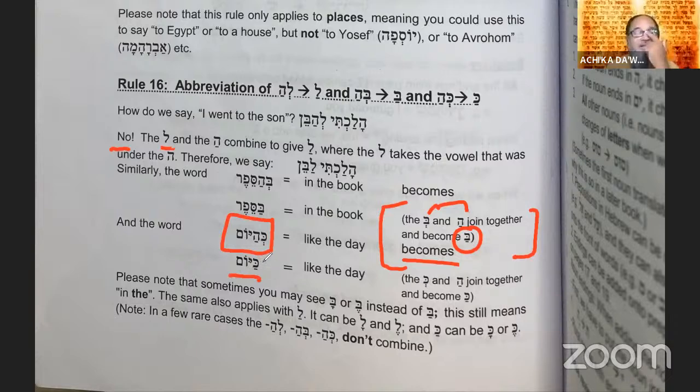Right. And it still means the same thing as kahayom, because ha means the and yom is day and ka is like. So instead of saying kahayom, I would say kayom. Same thing, like the day, exactly the same. They just abbreviated it and they made it shorter.